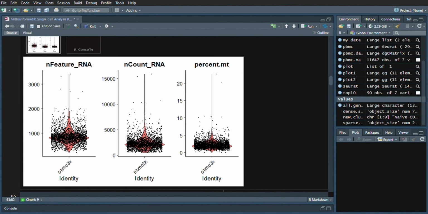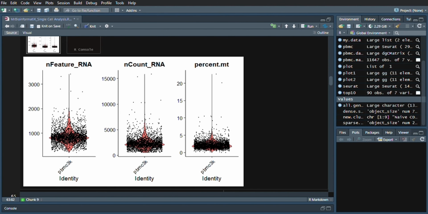Each black dot corresponds to the mitochondrial RNA percentage for a single cell. Most of the black dots are clustered around 2 to 3%, indicating that the majority of cells have mitochondrial RNA percentages in this range.